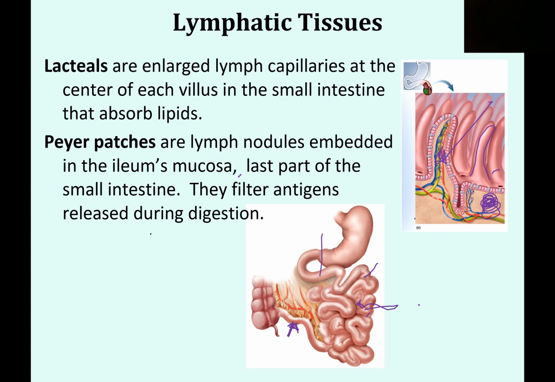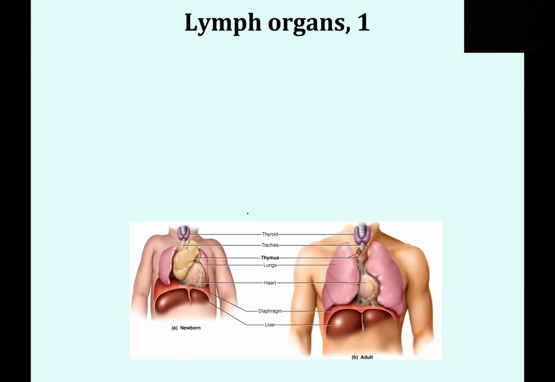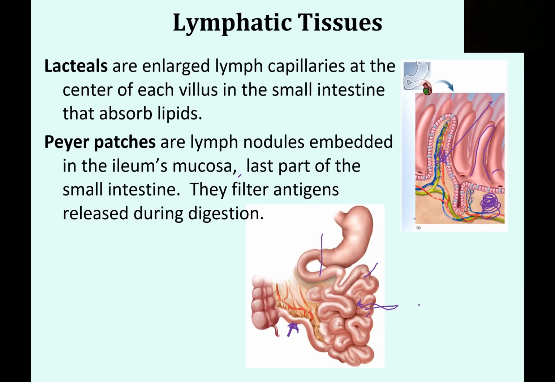Okay, just, I guess, in the ileum portion. And that's where most of the absorption takes place. Peyer's patches. Okay, and that will be the end of part A of the lymphatic system.